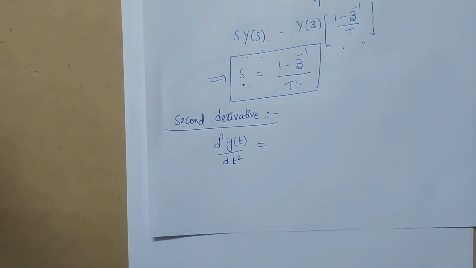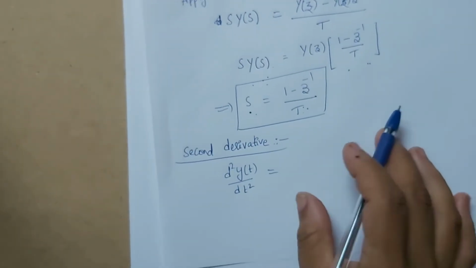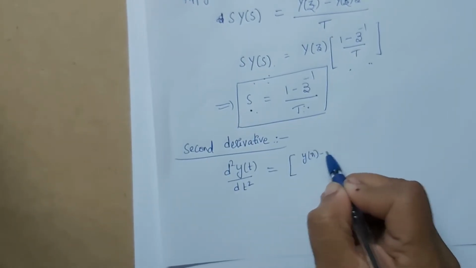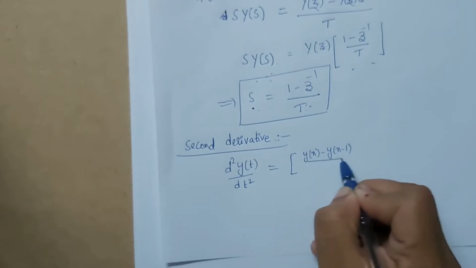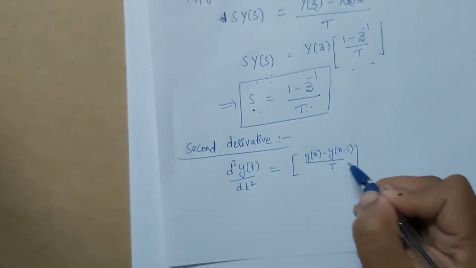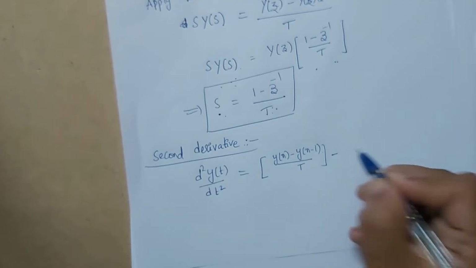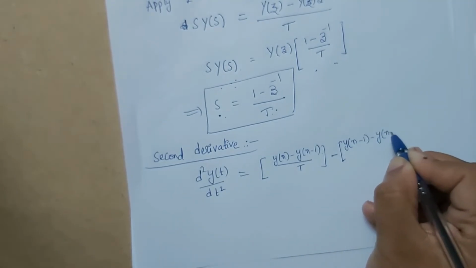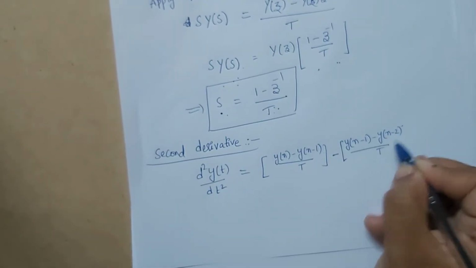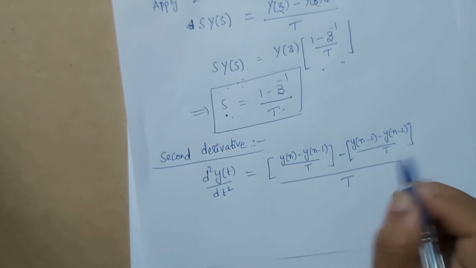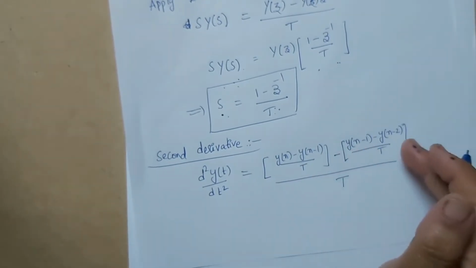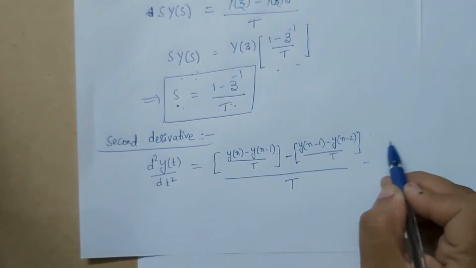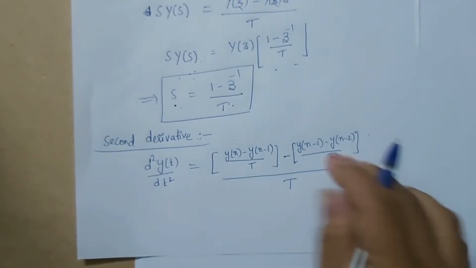In the digital domain, the first derivative is y of n minus y of n minus 1 by t, and the second derivative can be written as y of n minus 1 minus y of n minus 2 by t, whole divided by t.